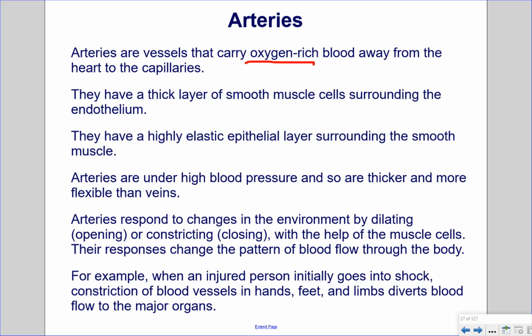Arteries respond to changes in the environment by dilating, or opening, or constricting, or closing, with the help of the muscle cells. Their responses change the pattern of blood flow through the body. For example, when an injured person initially goes into shock, the constriction of blood vessels in hands, feet, and limbs diverts blood flow to the major organs.